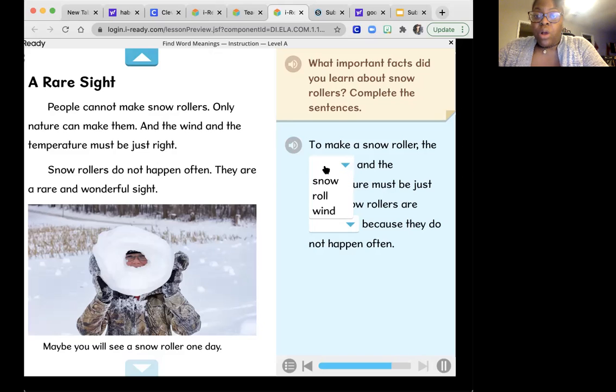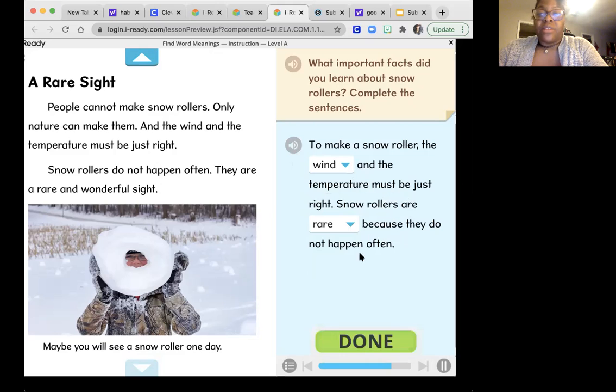To make a snow roller, the blank. So what two things do they talk about? They talked about the wind, right? And the temperature. Snow rollers are, it's a word that we've just learned, rare, because they do not happen often. That's it.